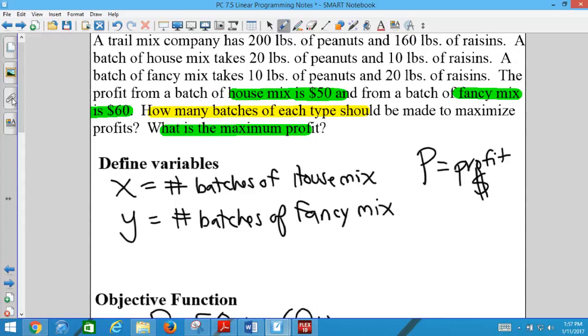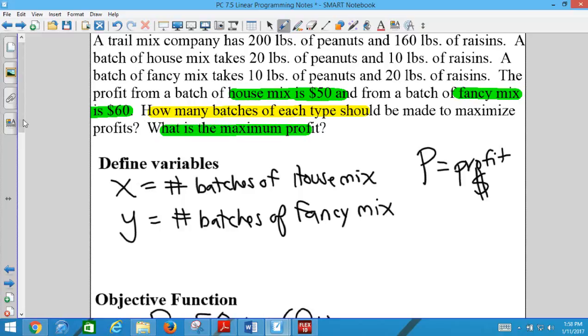So in this question, they've already figured out with all of those different things happening, you're making $50 per batch of house mix. There are way more things to consider, but we're doing this very simplified. We'll get there. Let's just see about setting up. The hardest part, I promise, is setting it up. Once you get it set up, you're good to go.